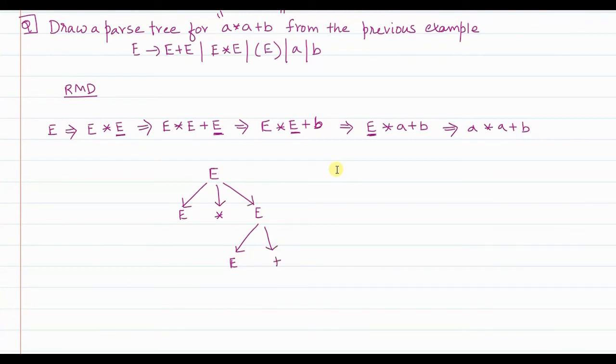Once this was expanded as E plus E, this last E is still the rightmost E. So that rightmost E then got replaced with B.